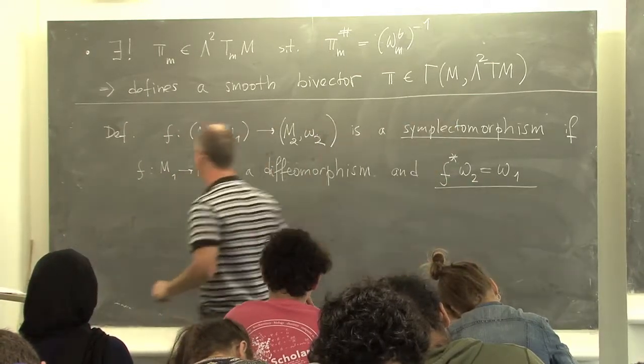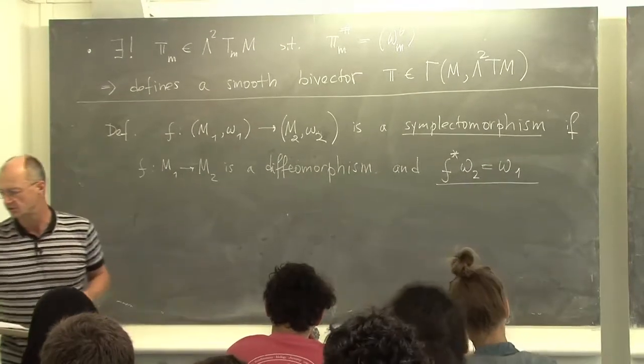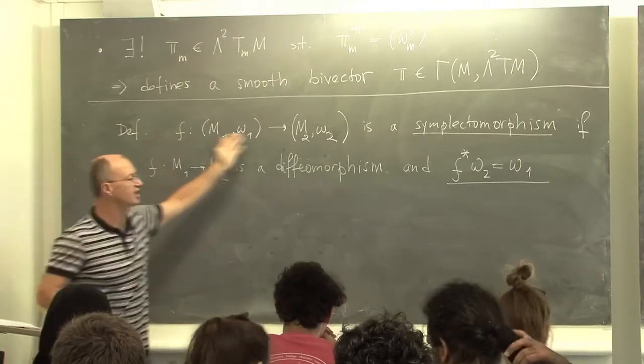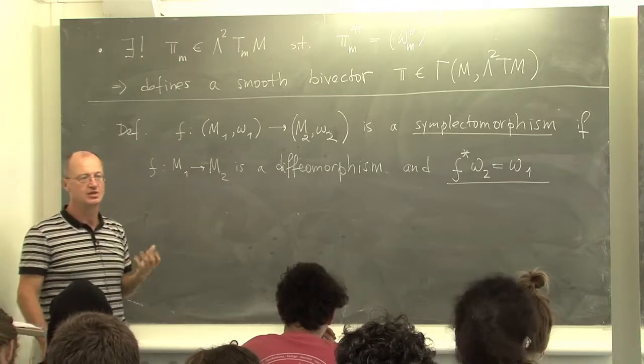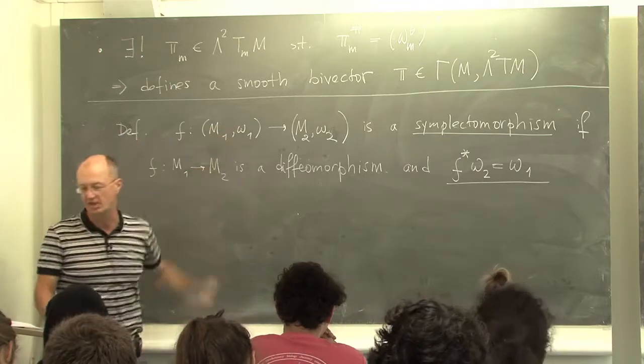So you see this is a very restrictive definition. Sometimes people want more relaxed definitions to have more freedom, because with this, of course, there are symplectic morphisms, but there are not that many symplectic morphisms in this category.